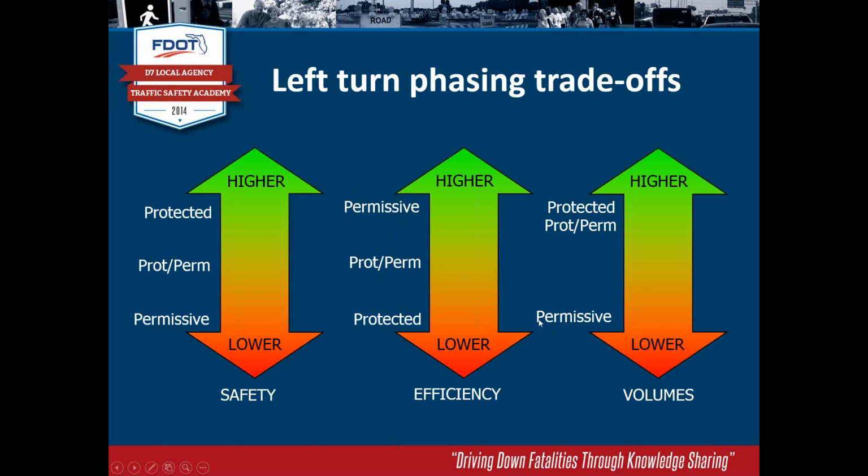And in terms of the traffic volumes, permissive doesn't handle large volumes of left turns typically too well. But when you get into protected or protected permitted, you get higher traffic capacity, higher volumes can be passed through an intersection operating one of these other types of left turn control, higher left turn volumes, in a protected or protected permitted type operation than a permissive operation.